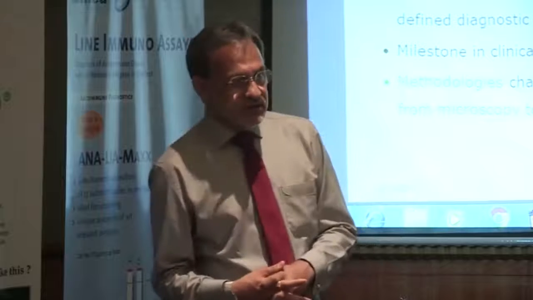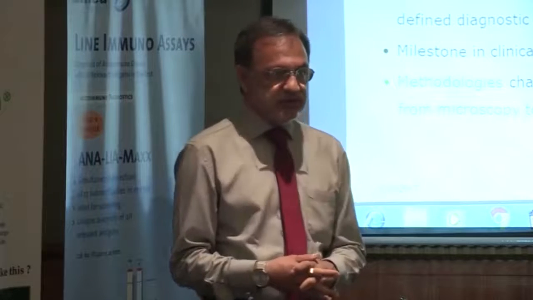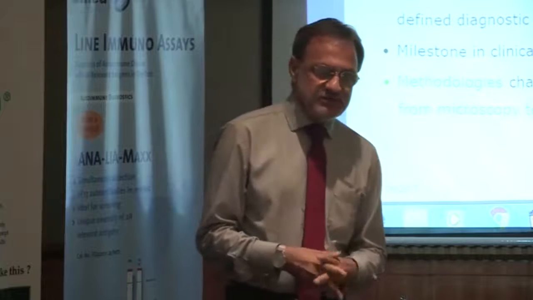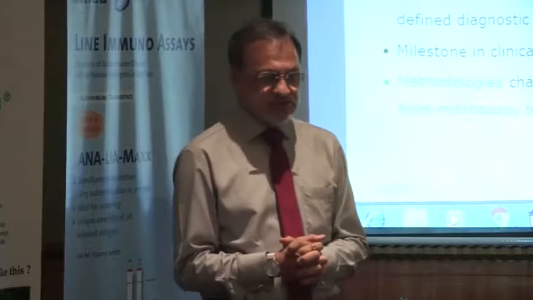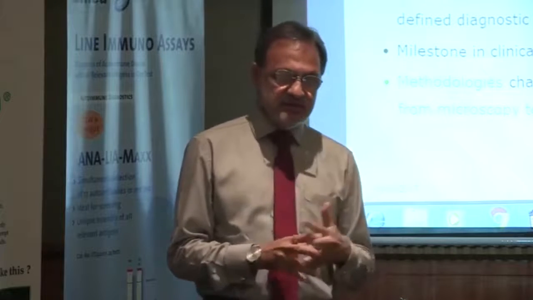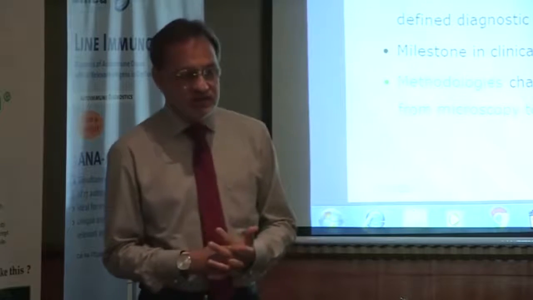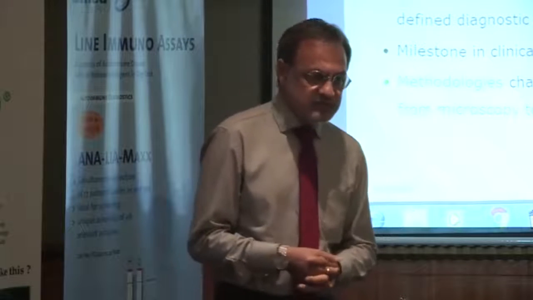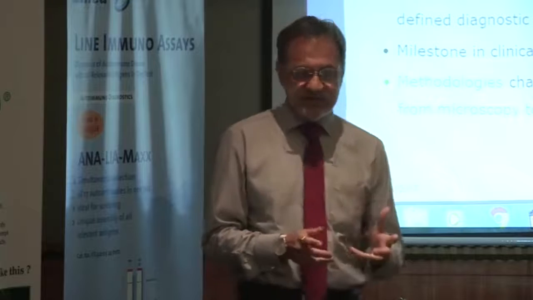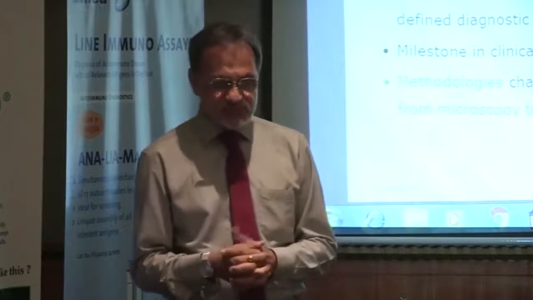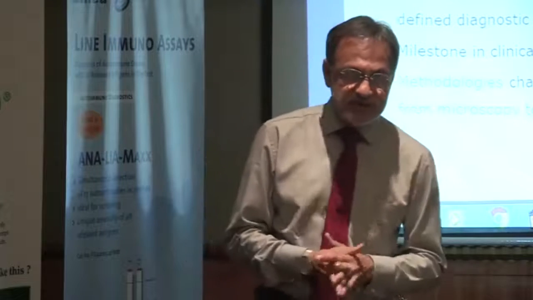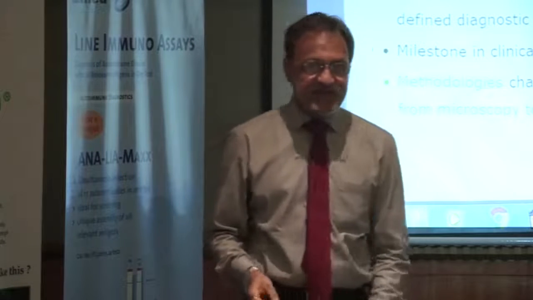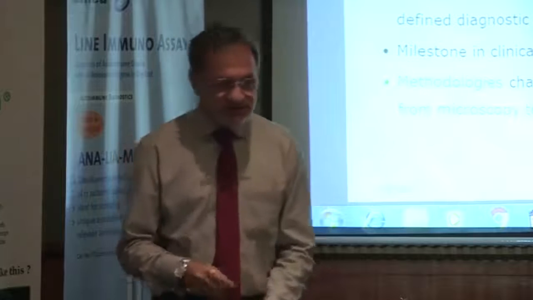So now it all started with ANA on animal tissue some 50, 60, 70 years back, and now has moved on to automated platforms, and even the hybridoma technique where we have very well defined cell lines available, and from there to even multiplexing, where we are using the extract of those cells, have two cells coated on a base, and that is how the methodology of ANA testing has changed, but still has remained the gold standard.